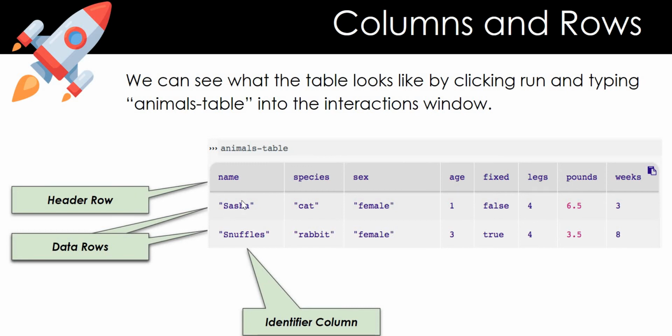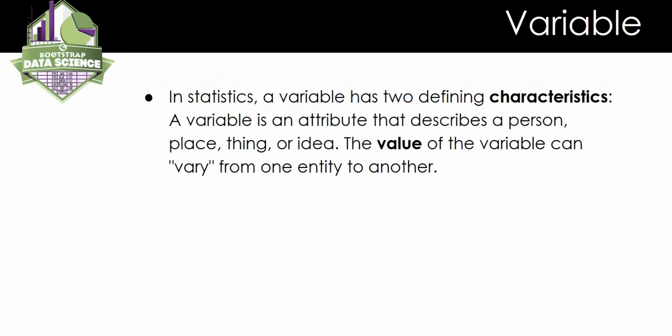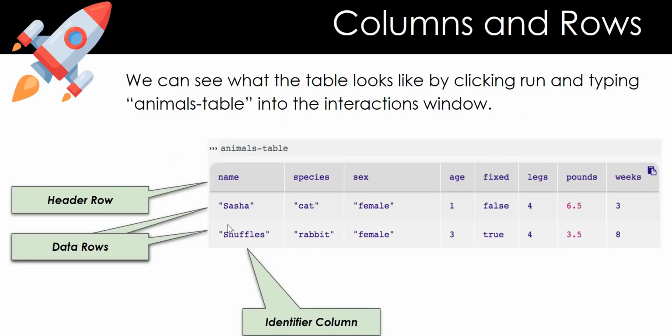All right? So how did I know all this information about Sasha? I have a header row. The header row is the first row, and it tells me the variables for each data row. Really quickly, we're going to use the term variable a lot, and it's just any kind of defining characteristic.